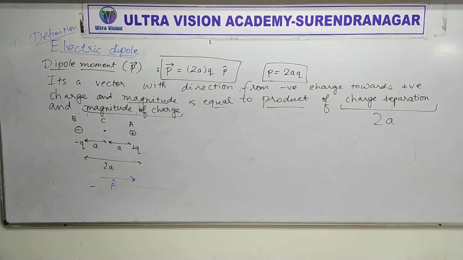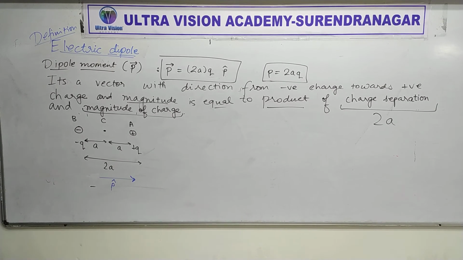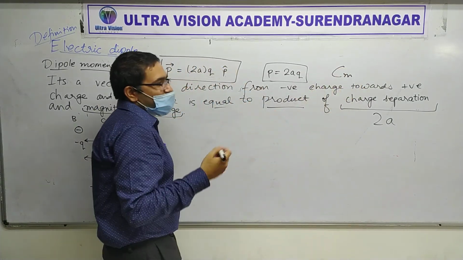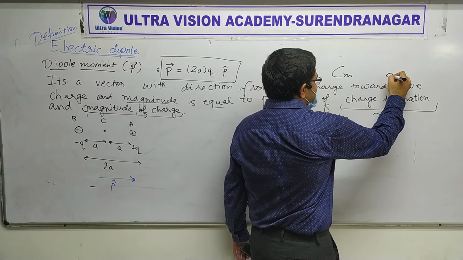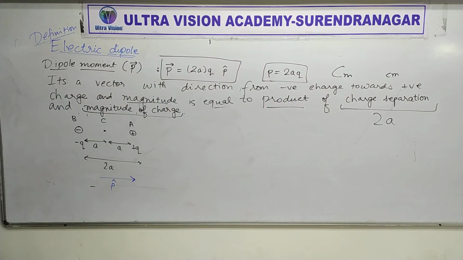Can you tell me its unit? Huh? Coulomb meter. Alright? Coulomb meter. Be careful while writing. Don't write cm. It's not centimeter. Alright?